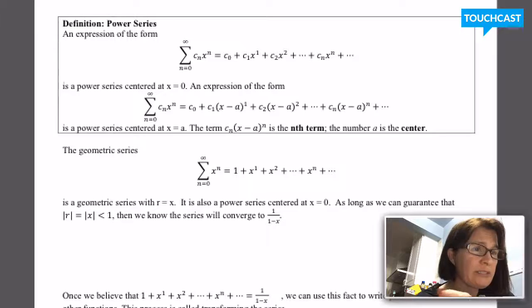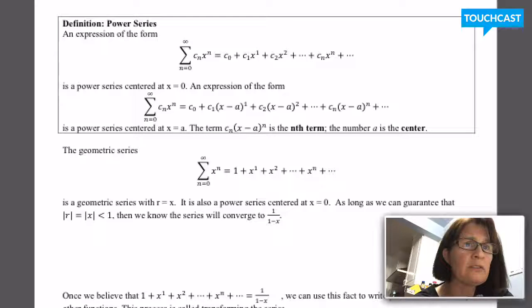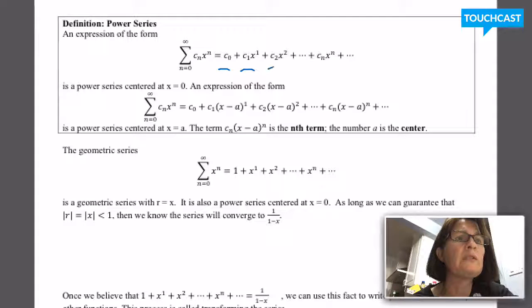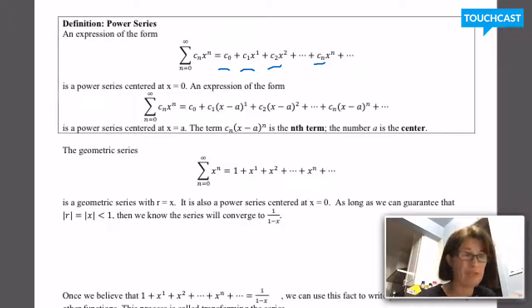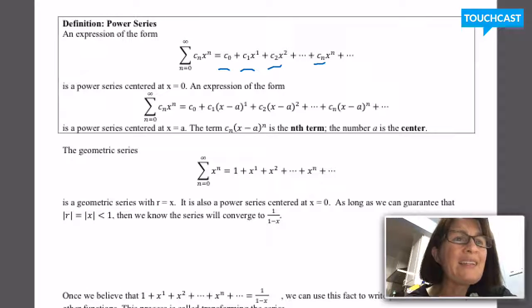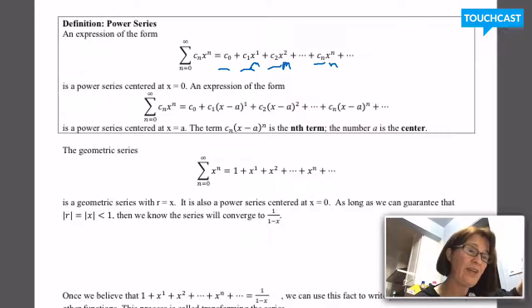And in a power series, there are coefficients, so here they happen to be called C0, C1, C2, Cn, so C for coefficient, and every coefficient is multiplied by a power of x, and those powers of x increase by 1 every time. So a power series, a coefficient times a power of x. That's a power series that is centered at x equals 0, and we'll talk more about what that means to be centered at x equals 0.